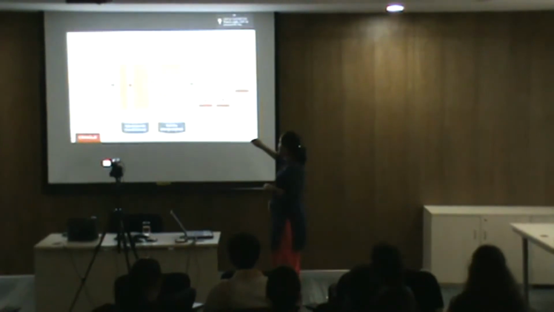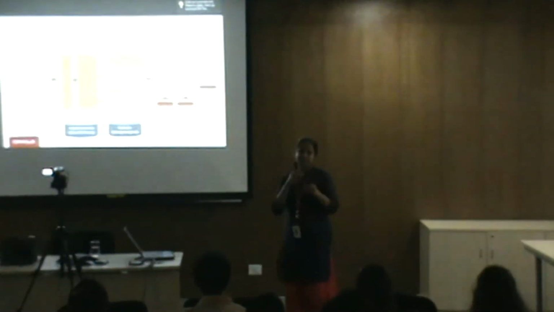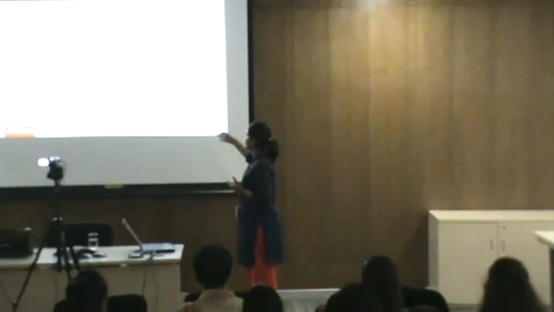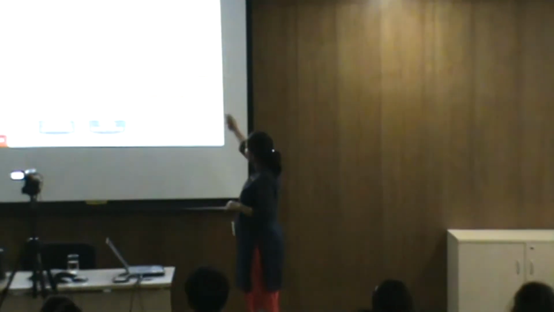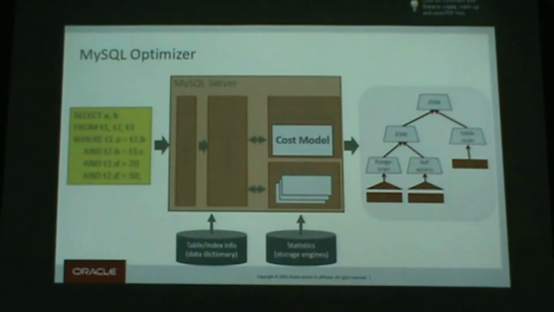With all these statistics and the table and index information, we usually make a cost-based decision, like whether to go with this access method or another access method, based on the minimal cost for that particular plan. We choose the most optimal plan. For example, in this case, for the given query, table T2 has a range scan, table T3 has ref access, and they are joined together, and then the result is joined with table T1, for which the access method is table scan.